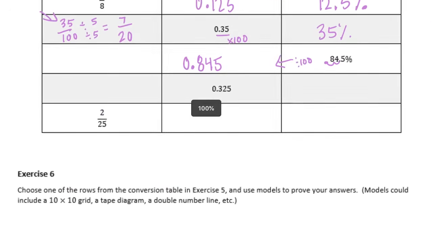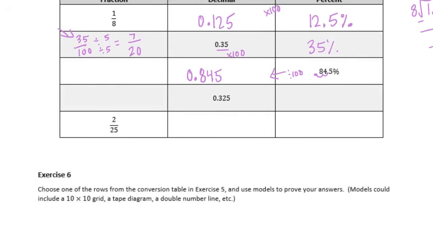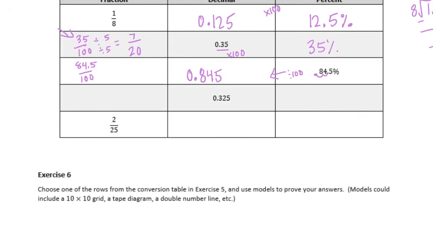So as a fraction, this would be 84 5/10 out of 100, but we really don't want a decimal within a fraction. So I'm going to multiply by 10 and make it 845 out of 1,000. Or we could have just looked at this and said 845 thousandths. Like I'm going to do with this one.